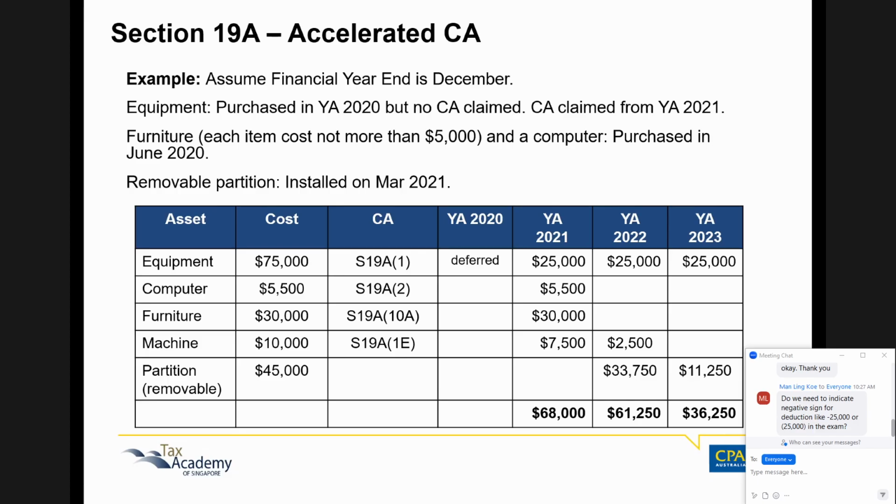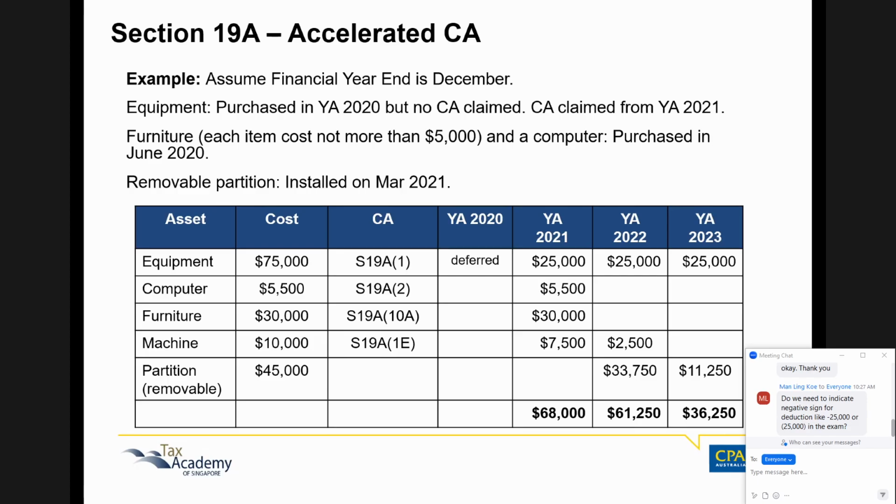Then for this machine that I purchased in YA 2021, in this case, I can accelerate my claim over 2 years. The first year will be 75%. So you always remember if it's 2 years, 75%, then the remaining 25% is the 10 year. And this one you cannot have a gap in between. Once you start the claim, you have to claim consecutive years. Movable partition, also the same, I'm going to claim accelerated.